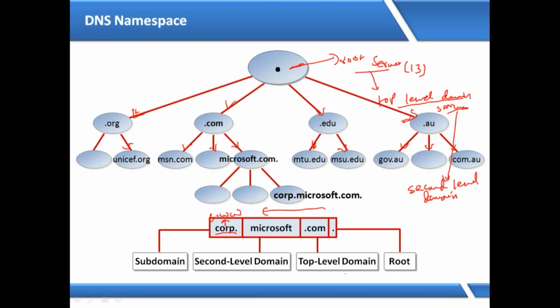So this is your second level domain. And the last one is what? Sub level domain. Root contains the information of top level, which contains the information of second level. Here there will not be one server, but hundreds of servers in each setup, because there are millions of websites.